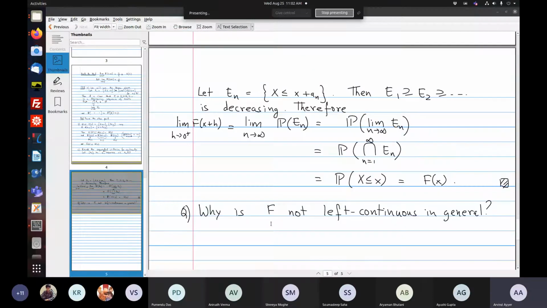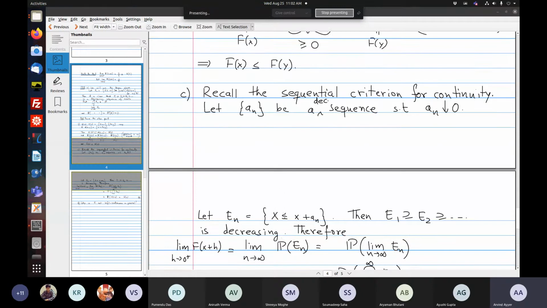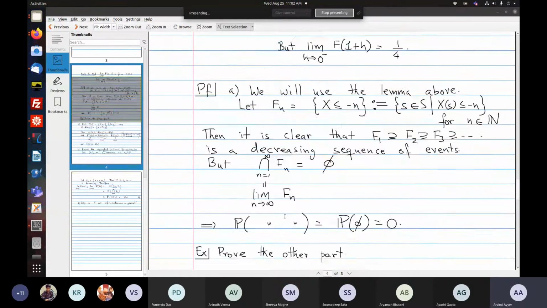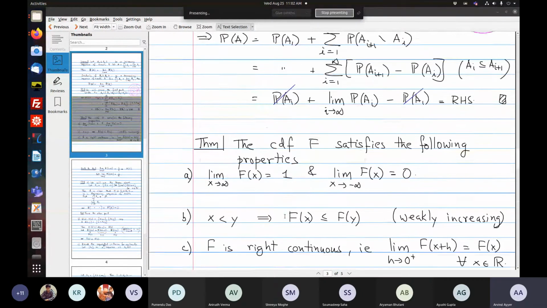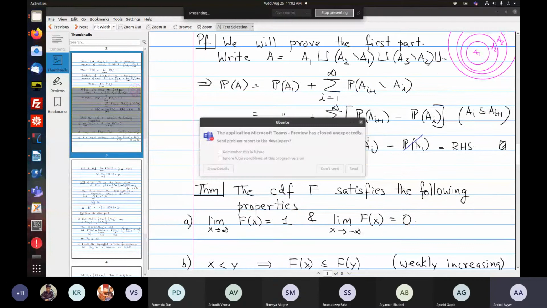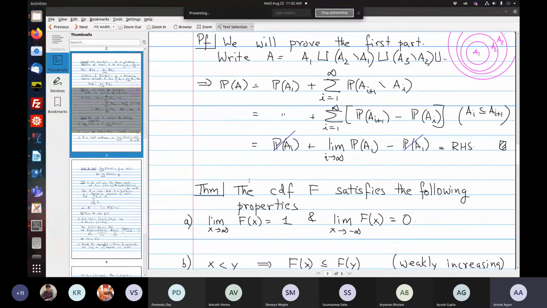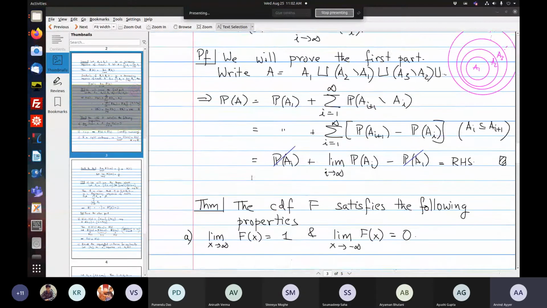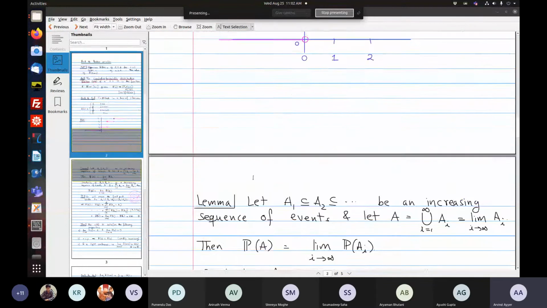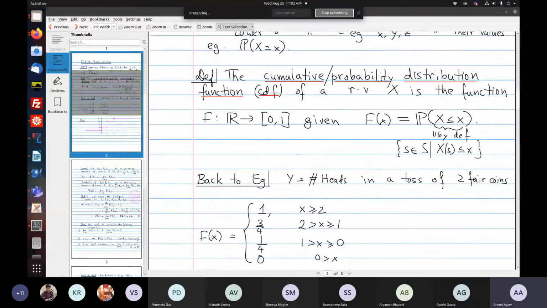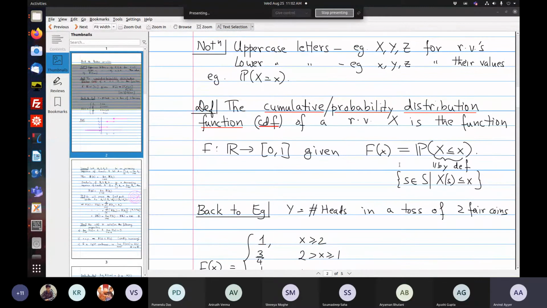So we started discussing the CDF of a random variable, which I remind you is the function, for any random variable, which is the probability that it's less than or equal to.